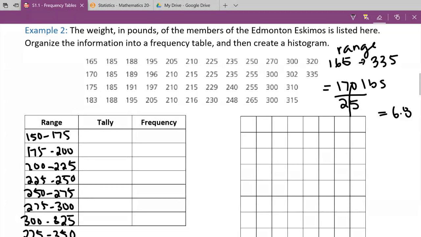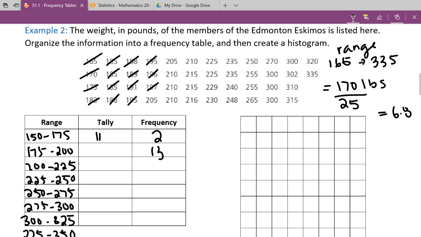So looking at this, our first number, 165 and 170, we only have 2 weights in that range. Because again, 175 all the way up to 2, 3, 4, 5, 6, 7, 8, 9, 10, 11, 12, 13 fall into that next category.